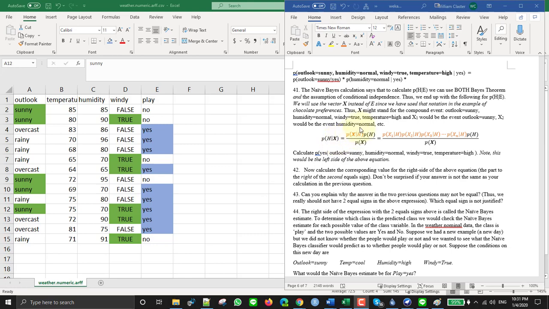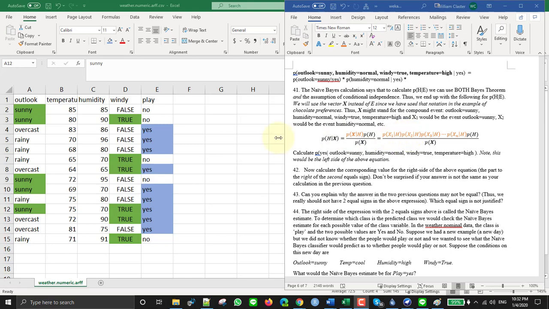We would have to find a case where outlook is sunny and humidity is normal and windy is true and temperature is high. Probably there are no cases of that in here. So you're just going to get 0. It's going to be problematic.